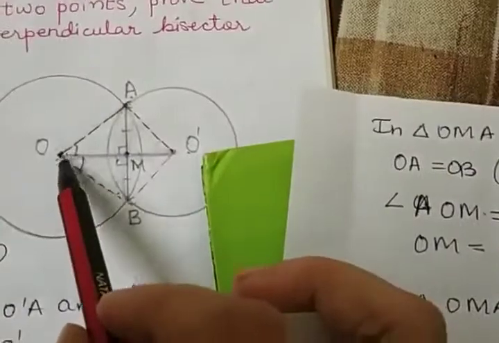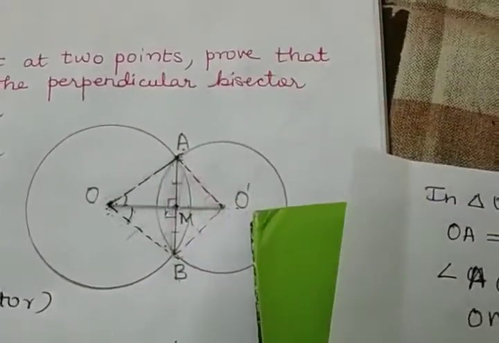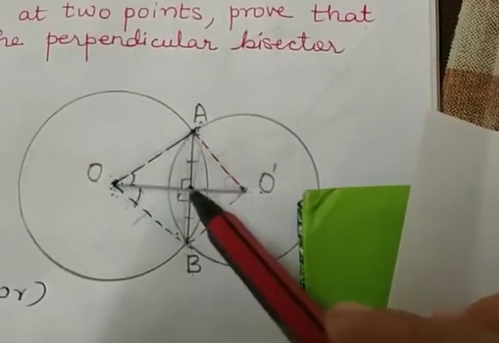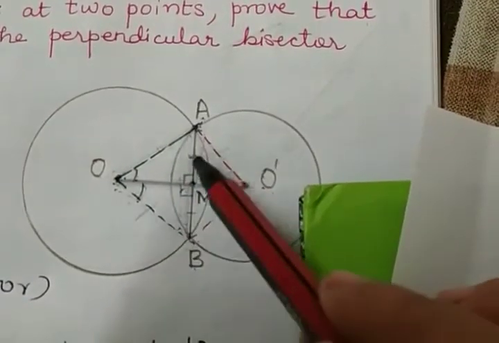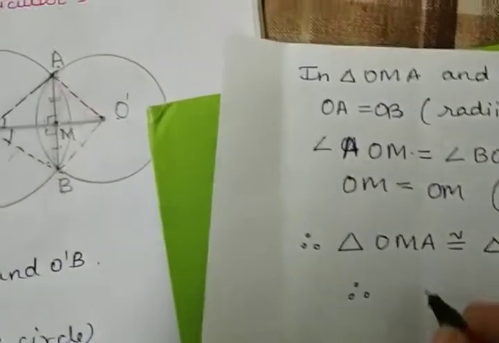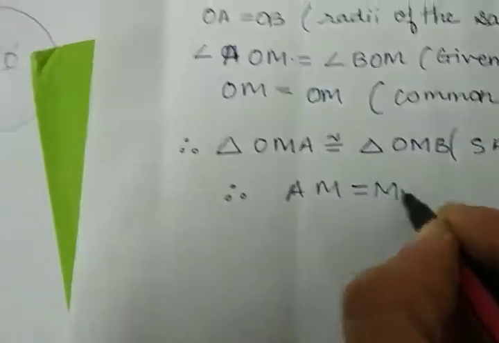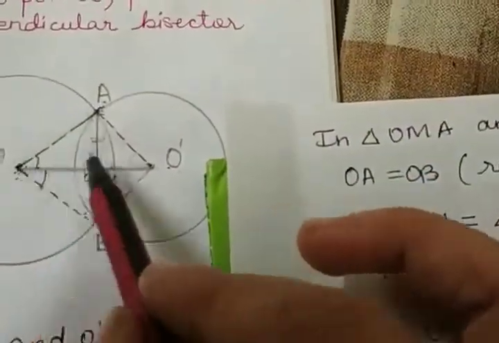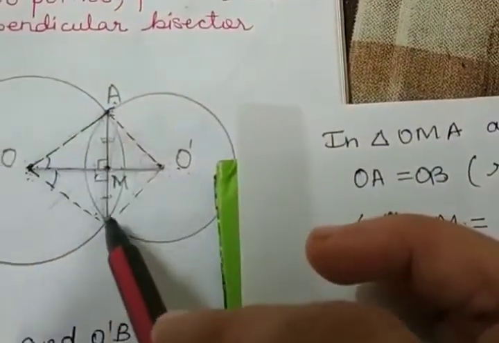Now from this I can get both the conditions, correct? So if these two triangles are congruent, then this side should be equal to this side. Therefore AM should be equal to MB. So this is what we had to prove, correct?